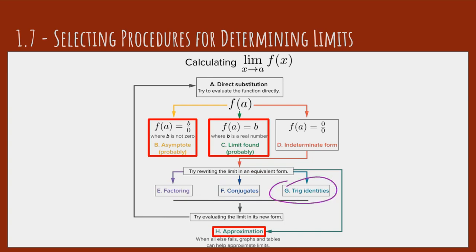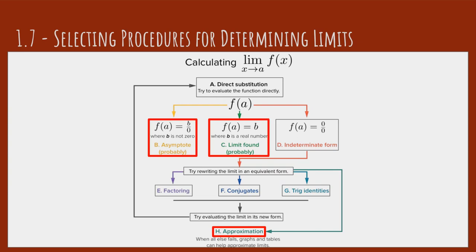If we have something with trig functions in it, then using trig identities might be a good one. So changing tangents and cotangents and cosecants to sines and cosines might be a good strategy. We've got double angle formulas that you can look up if necessary. You've got the Pythagorean identity, but we can use some trig identities.